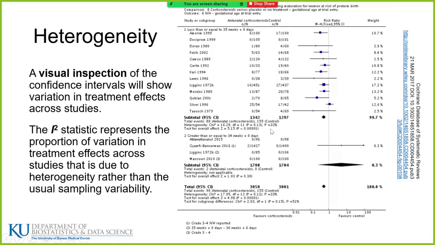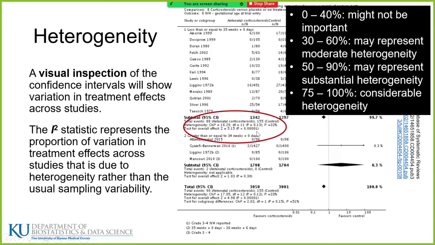So 32%. And there are a couple of rules of thumb for this I-square statistic. Of course, you want this to be low. You want the studies to be similar and provide similar findings. If you see 0 to 40% I-square, most people agree that's probably nothing to be concerned about.